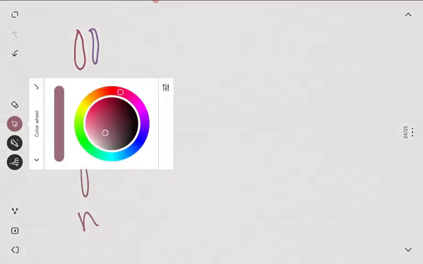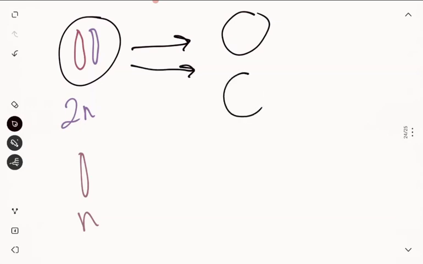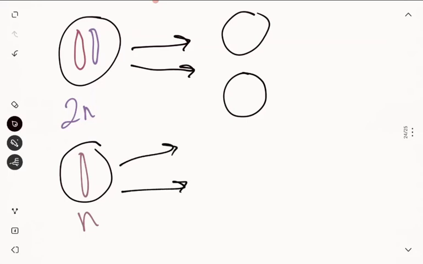Mitosis is making exact copies. So if this is one cell, in mitosis we make 2 copies of that exact cell, whether it's diploid or haploid. Both diploid and haploid cells can go through mitosis, and they make exact copies. So this would get 1 copy of that chromosome. This would get 1 copy of each of the chromosomes.